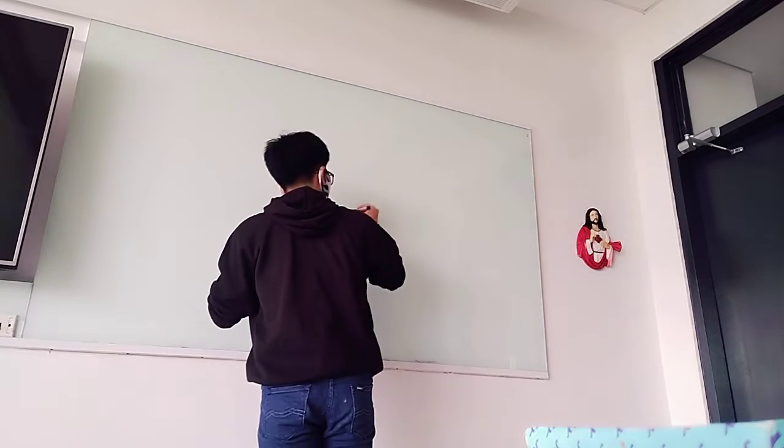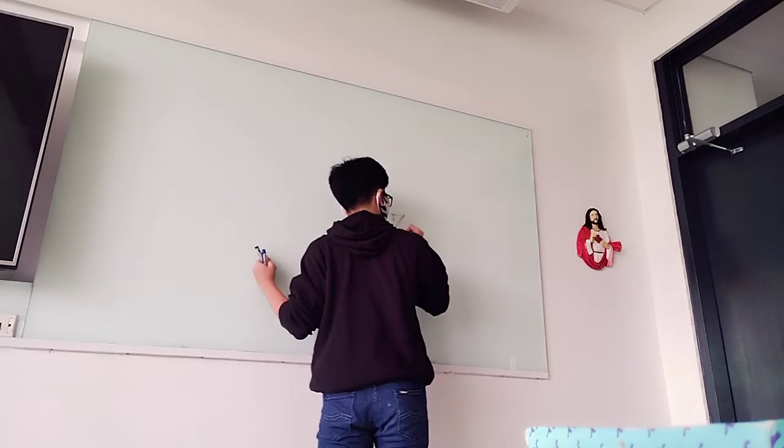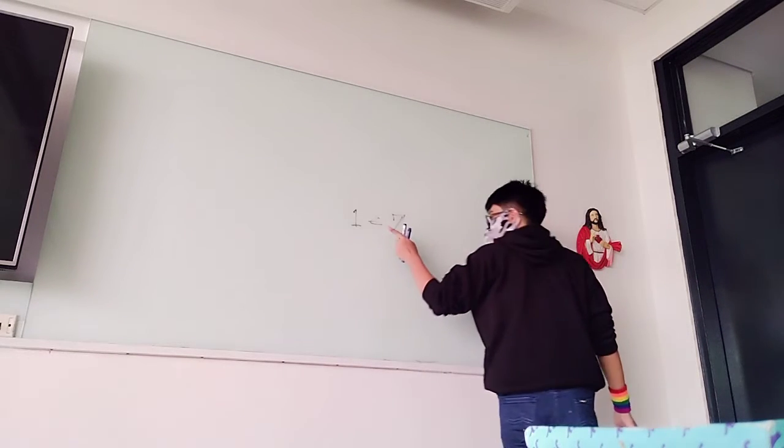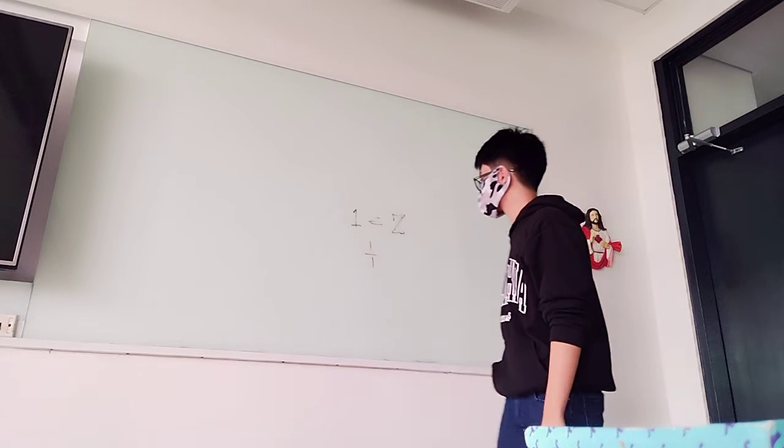So, we know that 1 is an element of the integers. Now 1 has an inverse, 1 over 1.